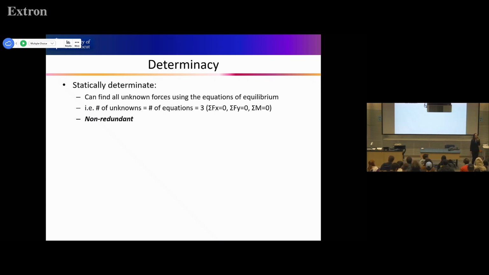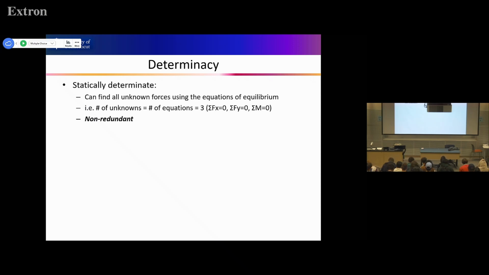So that is stability and determinacy. It's kind of a difficult word, right? Statically determinate, right? But the definition is simple mathematically. So if we can solve the equations and find all the reactions, then it's statically determinate. We can determine, right?